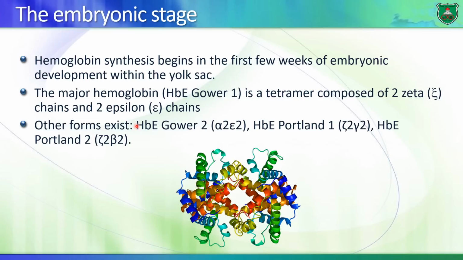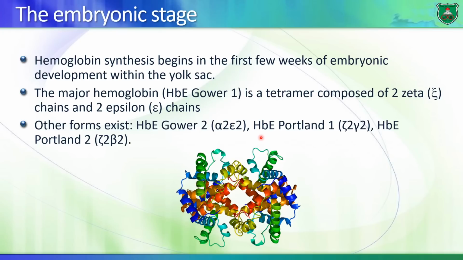Because in the later stages, or in the later days of the embryonic stage, you have now expression of the alpha as well, and you have little expression of gamma and some expression of beta. So you have different forms of hemoglobin as well. You have HBE Gower 2, which is made of alpha 2, epsilon 2.